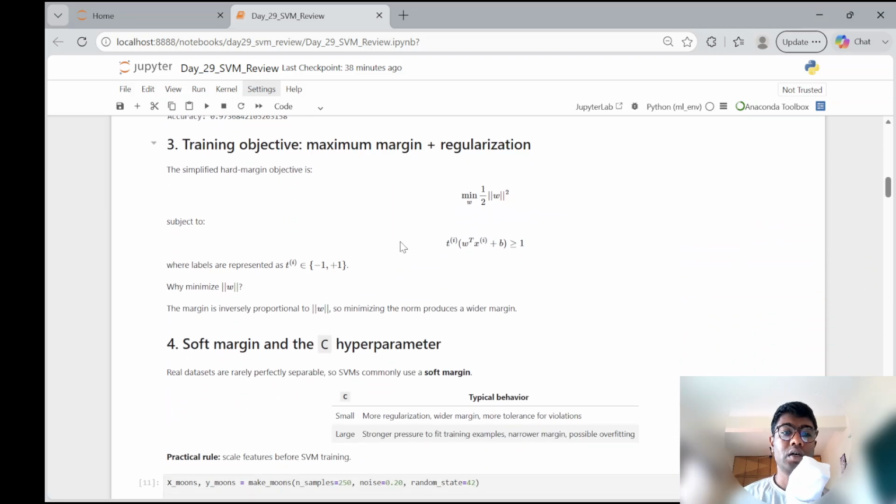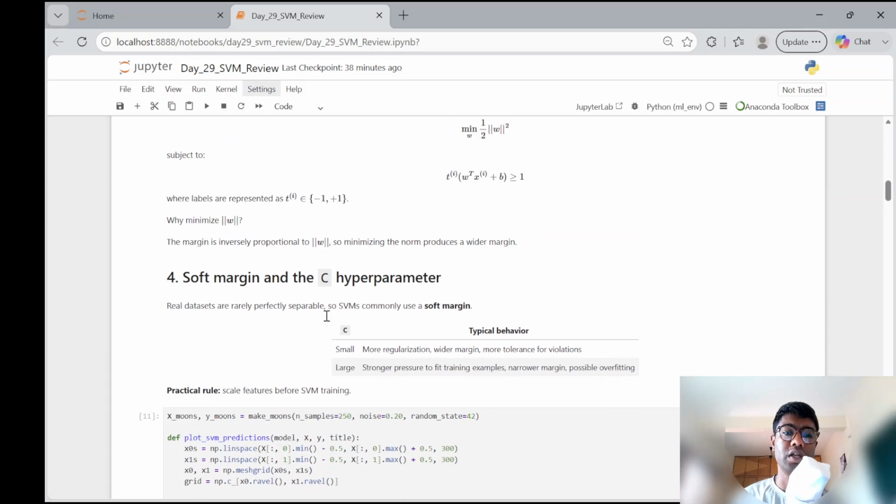Coming to the C parameter, it controls how we want our decision boundary to be approached. In real world datasets, it's never always a straight linear separation between two classes. So we might want to compromise, or have strong separation when we are doing training.